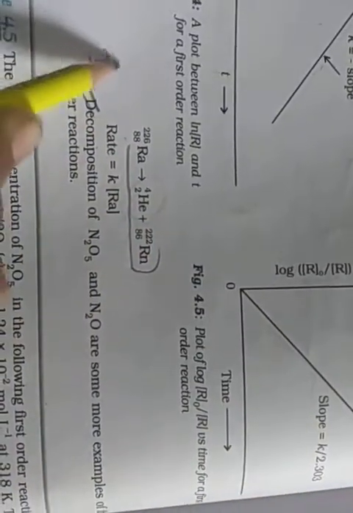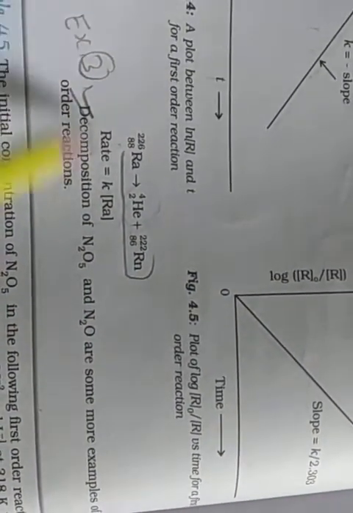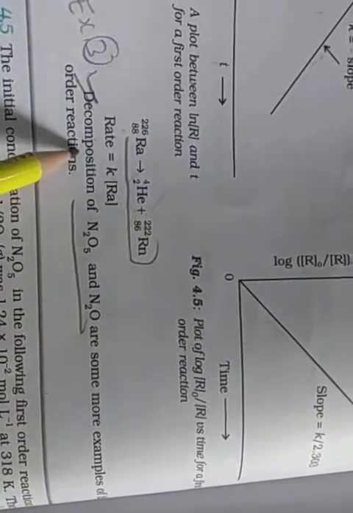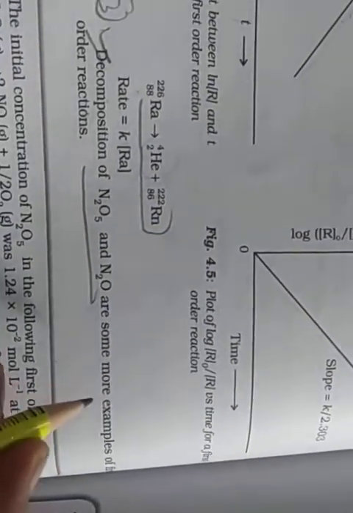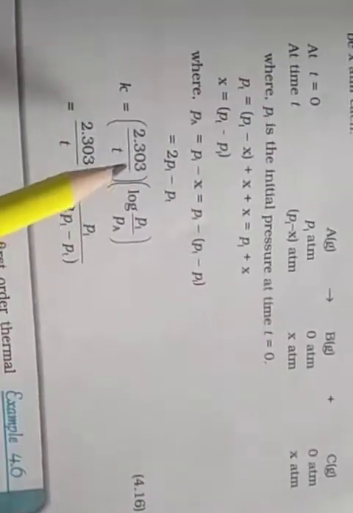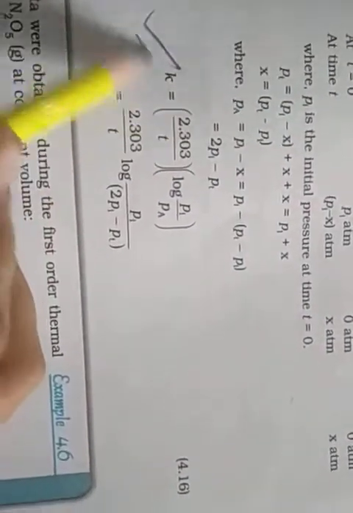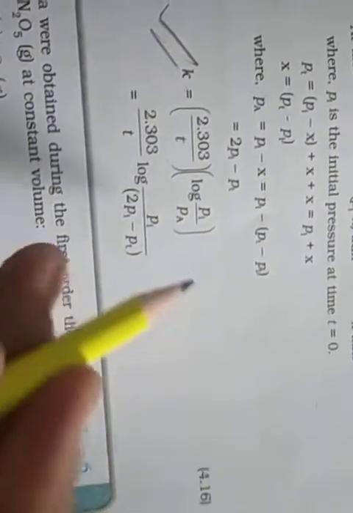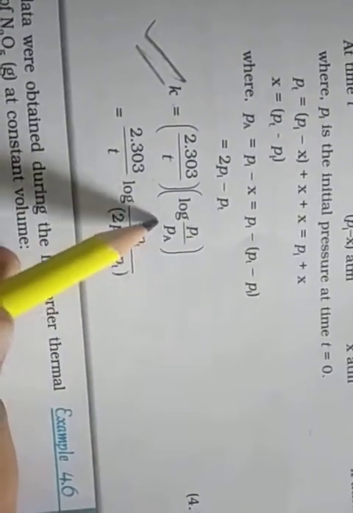Another example: decomposition of N2O5. If pressure is given in place of concentration, we write the formula as k is equal to 2.303 by t log R naught upon R, here log P1 upon PA.